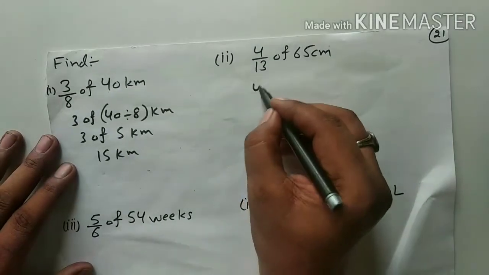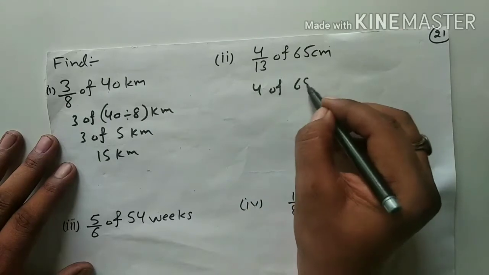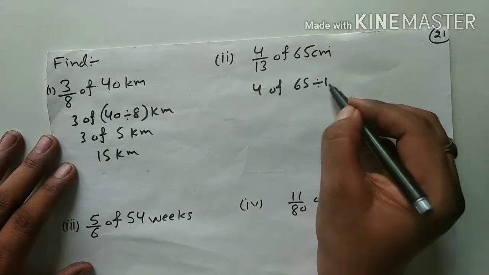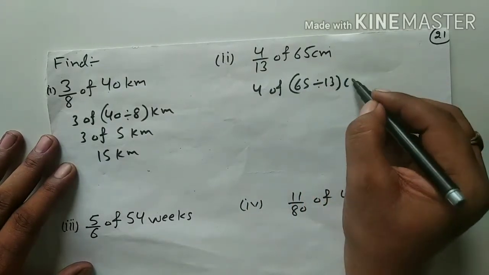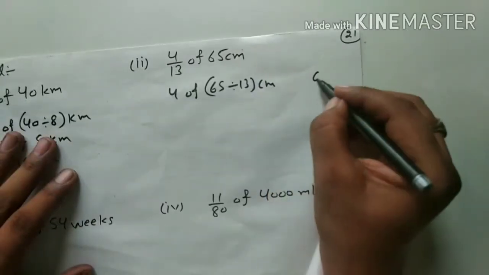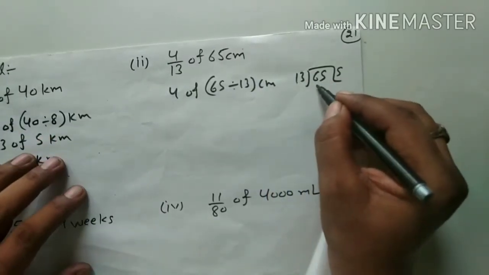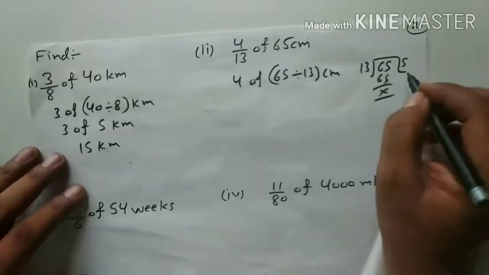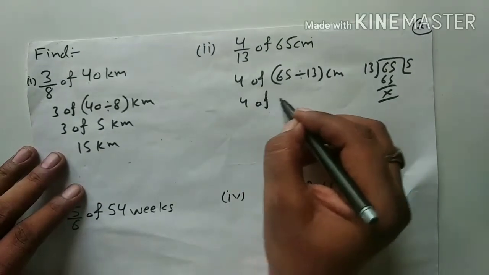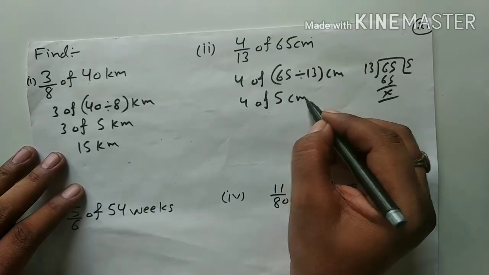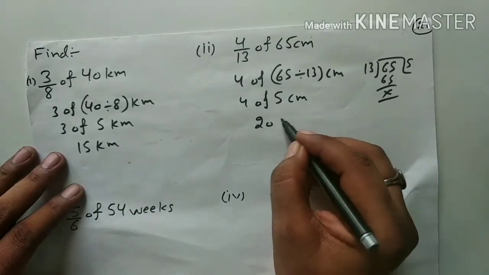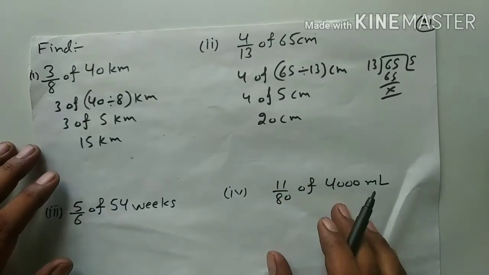Okay student. Now 4 of 65 divided by 13 centimeter. Now here 65 divided by 13. 13 5s are 65. Okay. So 4 of 5 centimeter, so 20 centimeter.